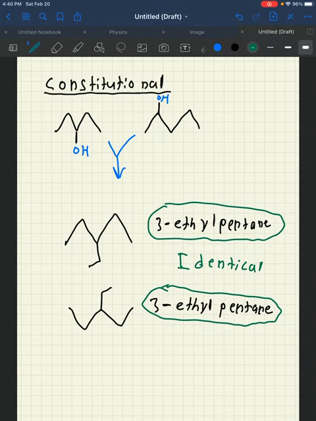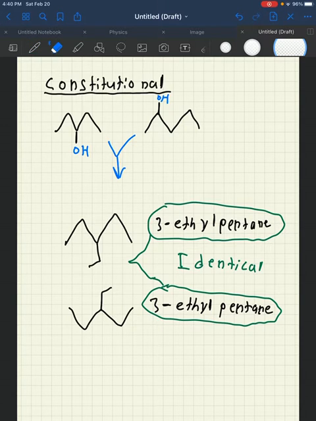So these two compounds, even though they're rotated, are identical to one another. And that's an important thing to know, because we have such strict rules when it comes to naming that if it's named the same, they are the same.